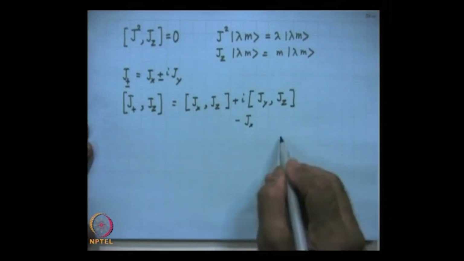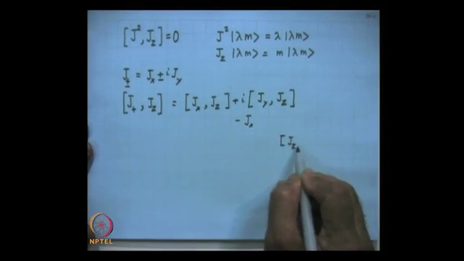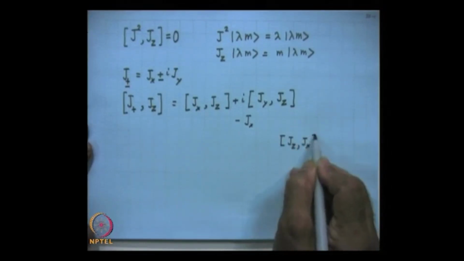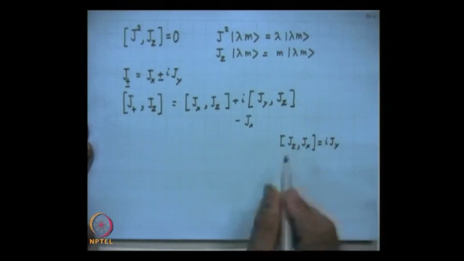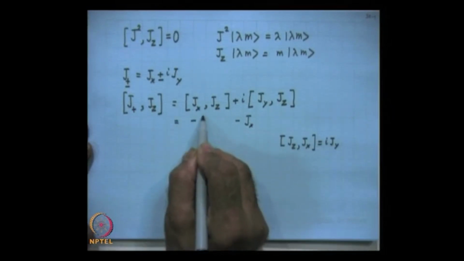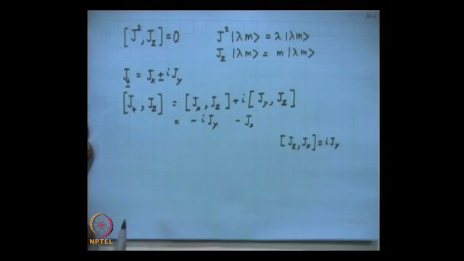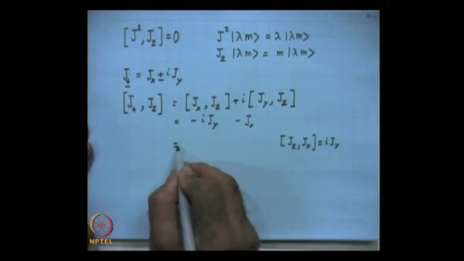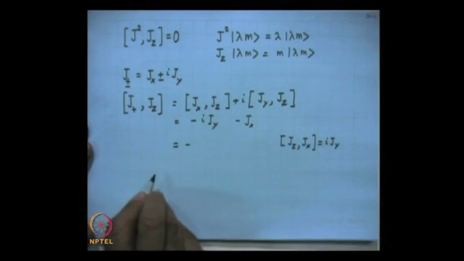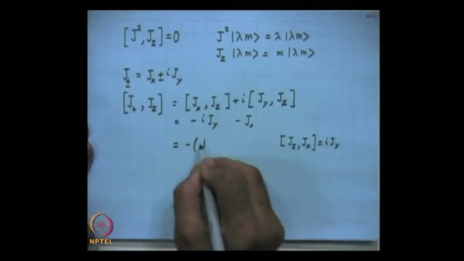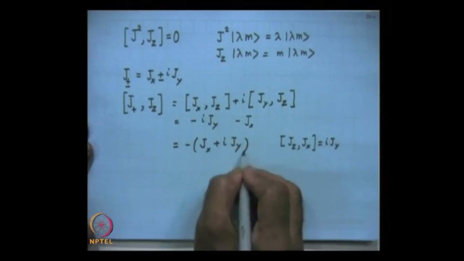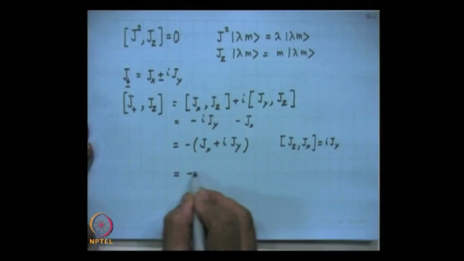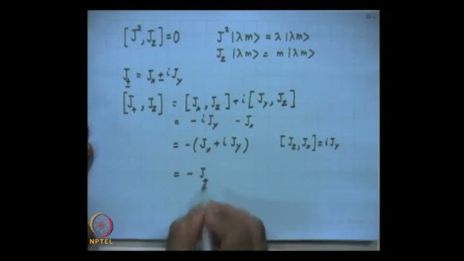The other one is in the wrong order. So, J z comma J x, as you would recall from the previous lecture, is i J y. So, J x J z is the minus of that, so this is minus i J y. If I take the minus sign outside, you will get J x plus i J y, and so this is equal to minus J plus.